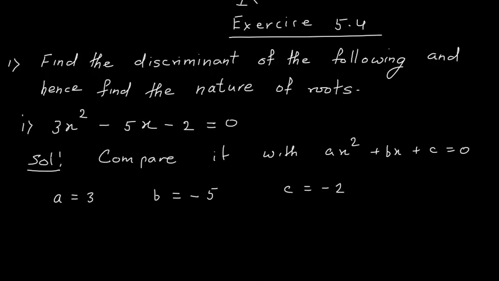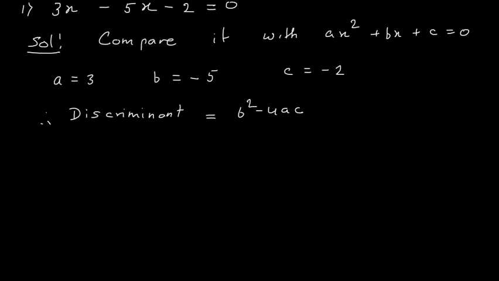So therefore discriminant is b square minus 4ac. B square, what you will write? Minus 5 square minus 4.